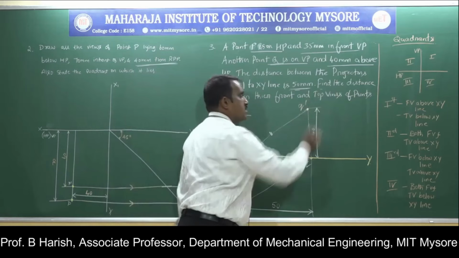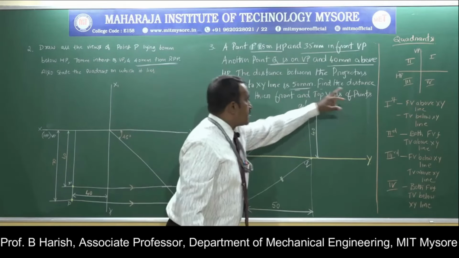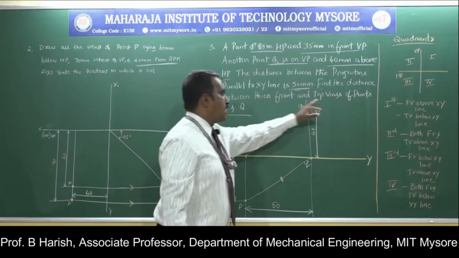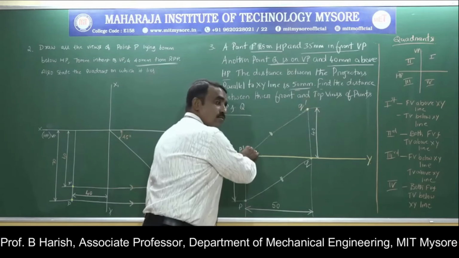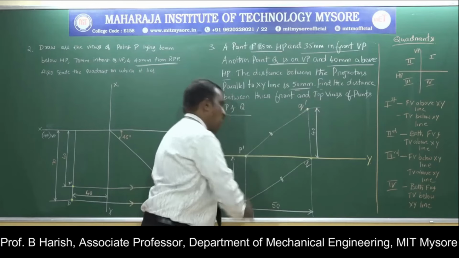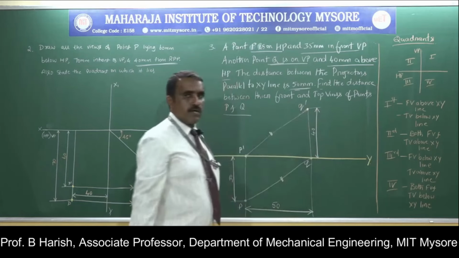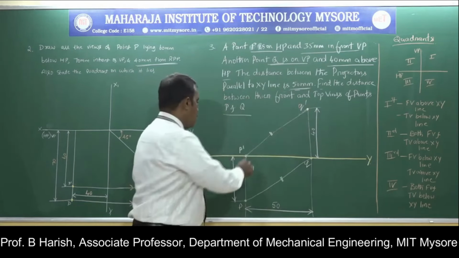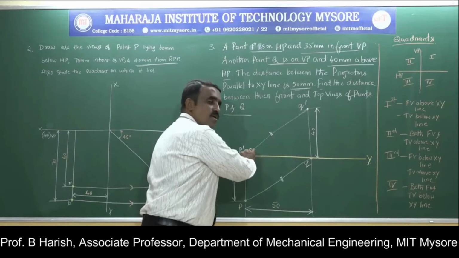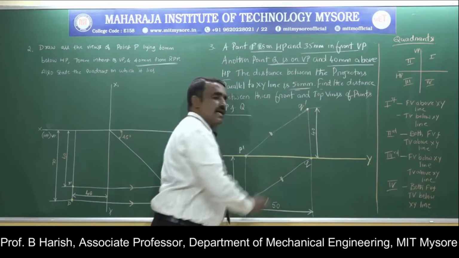Next he has given something that has to be found out: the distance between the front and top views of points P and Q. Now this is the front view of point P, this is the top view, this is the front view of point Q, and this is the top view of point Q. I will join the front views P dash and Q dash by a thin line.